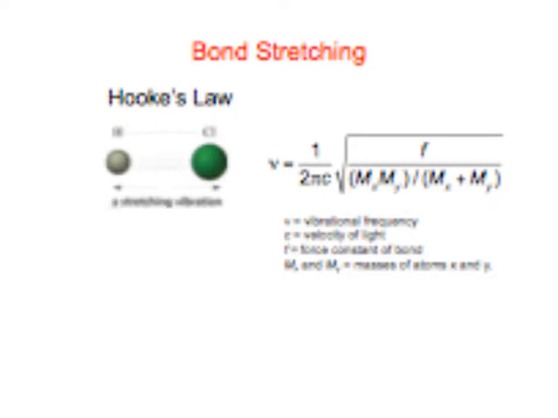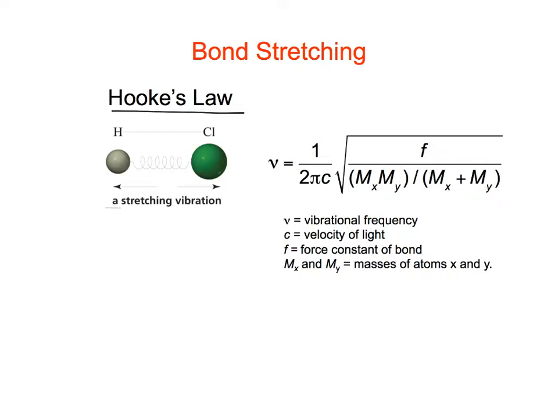We can kind of simulate simple vibrations by using Hooke's law. And what that describes is just a single bond vibration where we have two atoms, or two masses, connected by a spring. Okay?